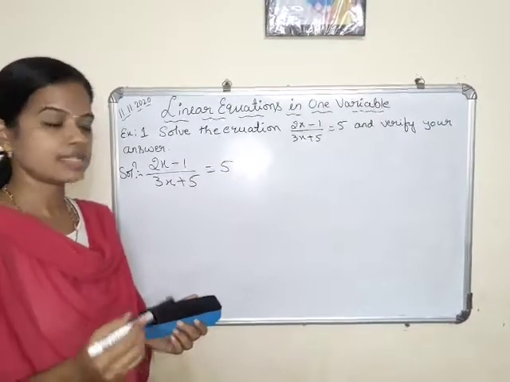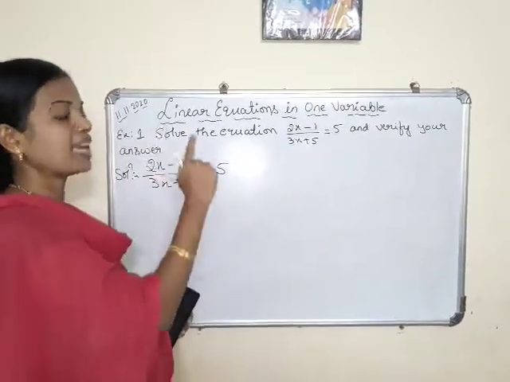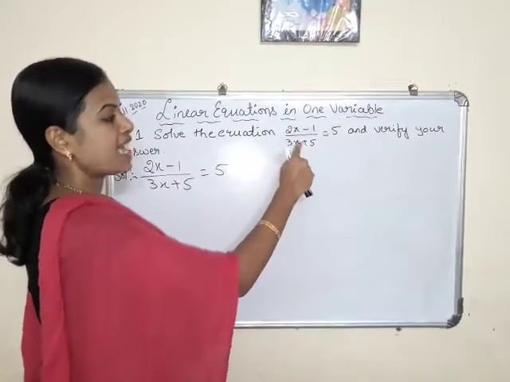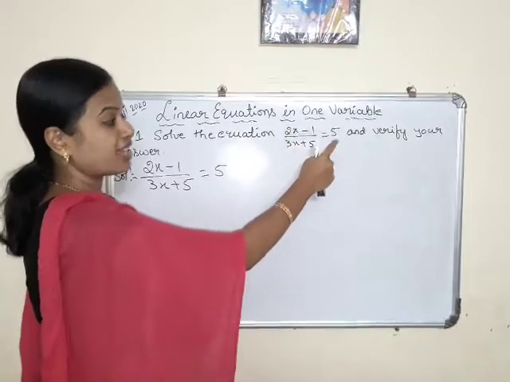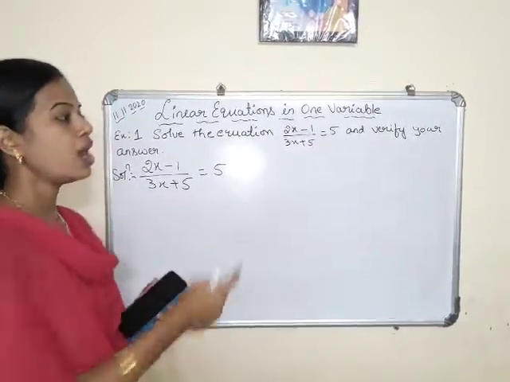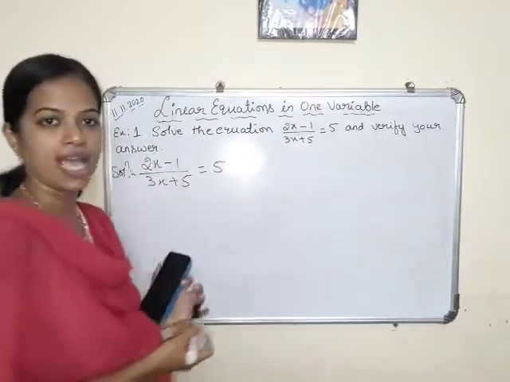Now let us solve example 1. When the equation is of the form ax plus b divided by cx plus d equals k, how to find the x value, and also you have to verify your answer.